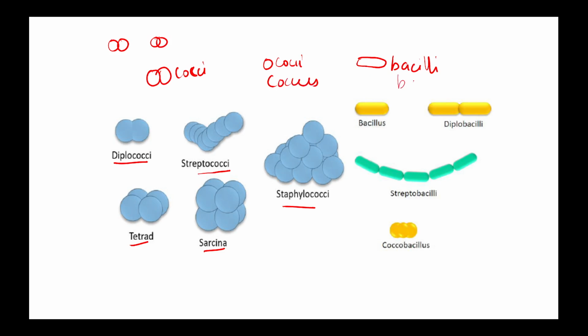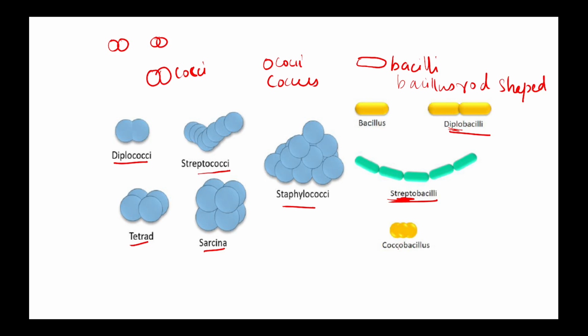So bacilli is plural and bacillus is singular. Okay. So two bacillus are there, so diplobacilli. Chain of bacillus is there, so streptobacilli. So term strepto is used for chain, term diplo is used for two.